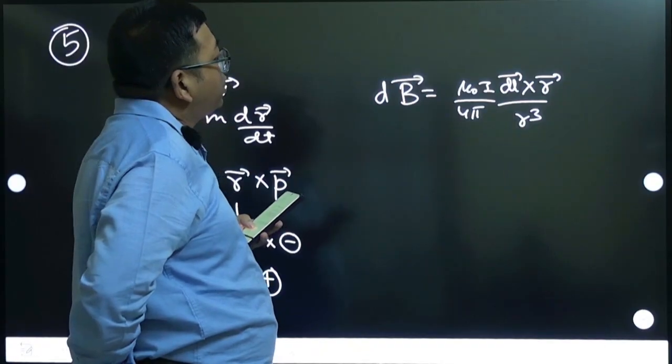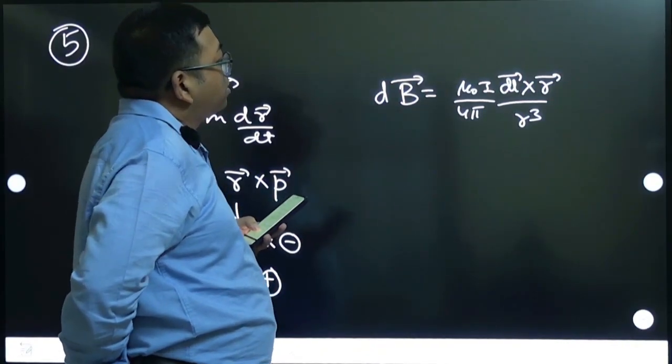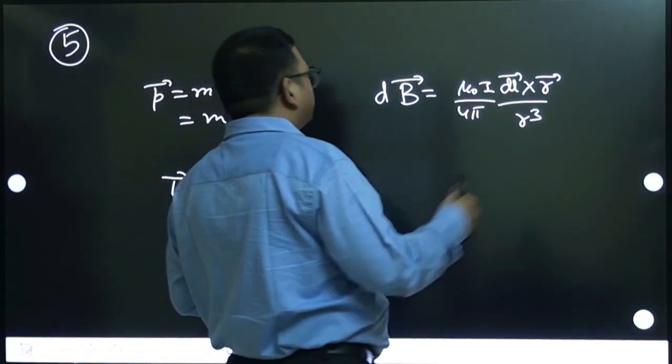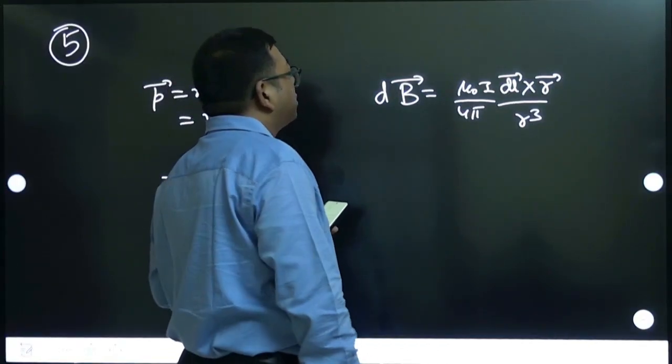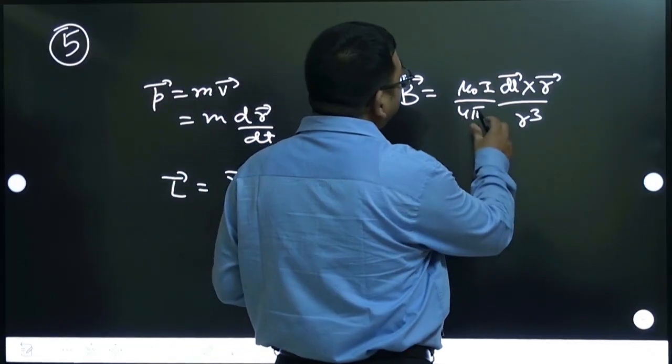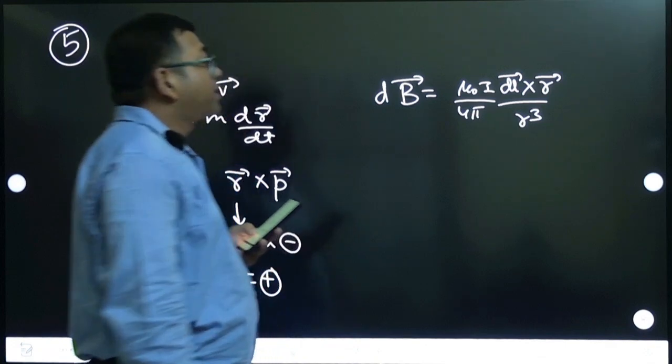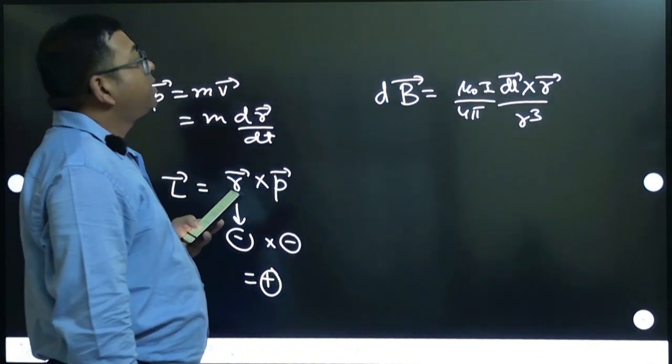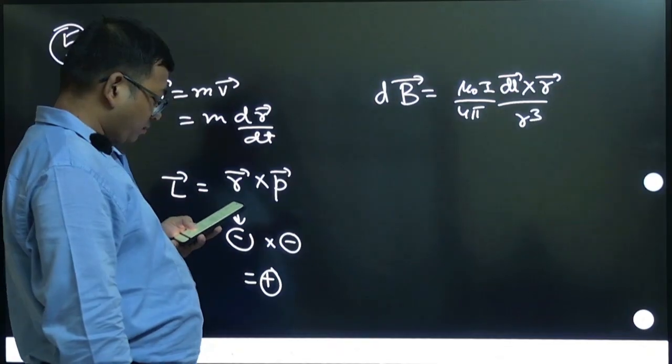So if I change r vector, taken as minus r vector, what happened to this? Cross products are involved, but what about this dl vector? Will it change or not change?